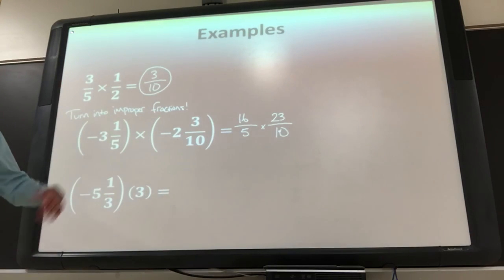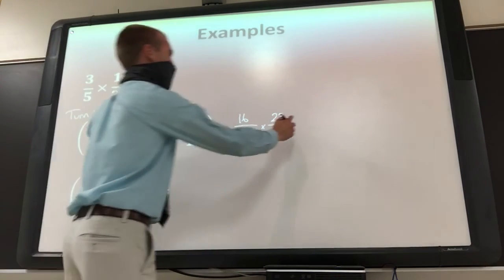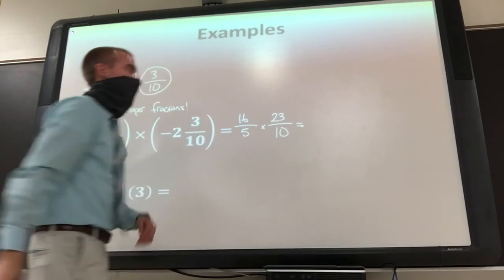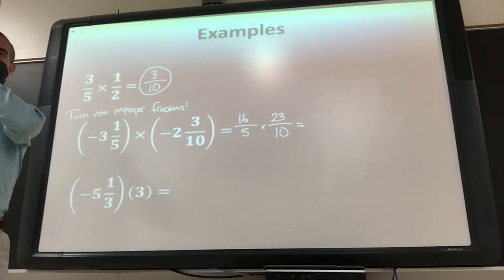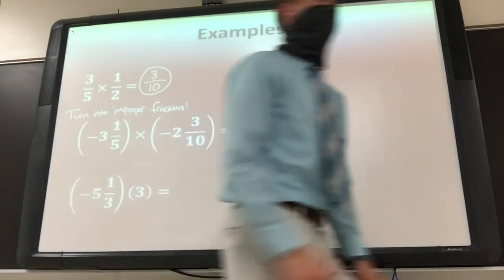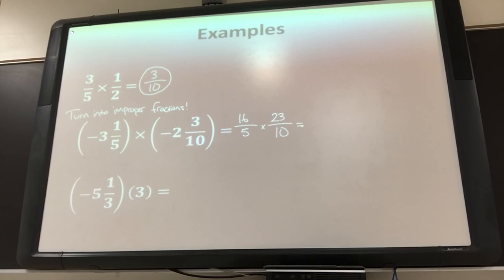All right, so then we're just going to multiply straight across. 16 times 23 would get us, 16 times 23 is, Abdullah? 368. 368, yes.